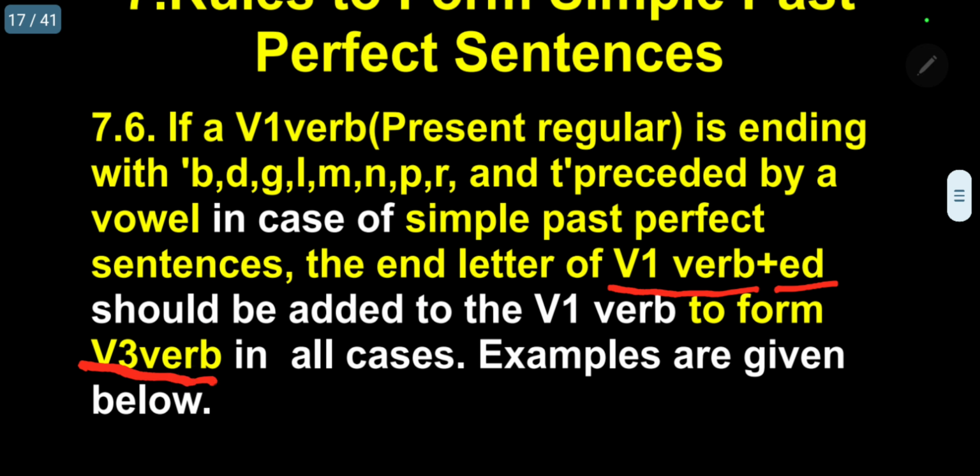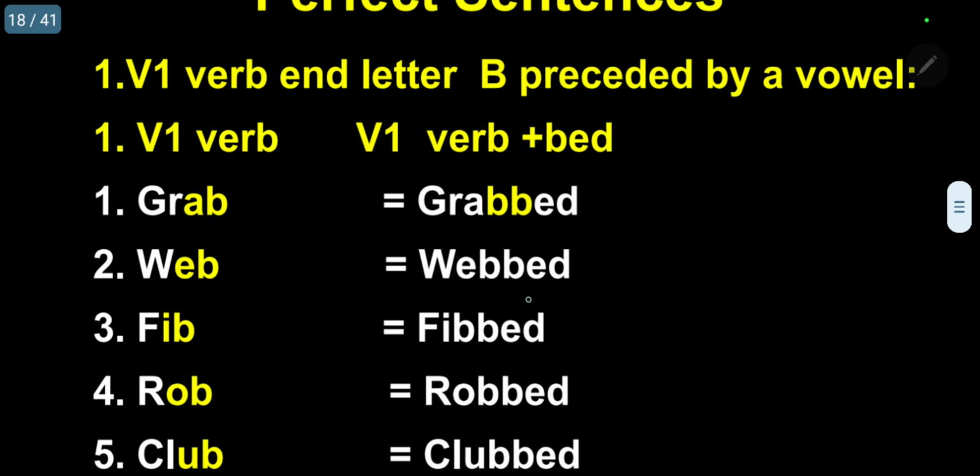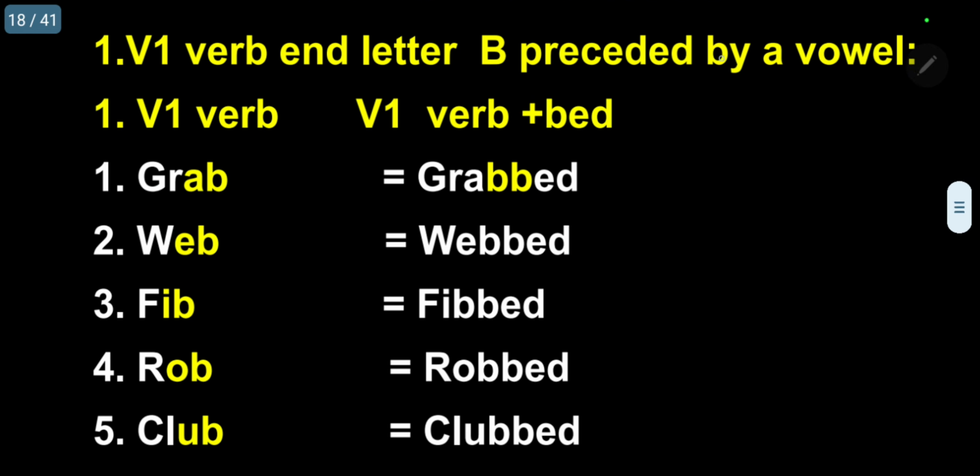Please follow. In all cases, examples are given below. In all the 5 vowels, I will give 5 examples in each case. The first one, the letter is B. V1 verb, ending letter is B. I am taking 5 examples. Kindly follow.